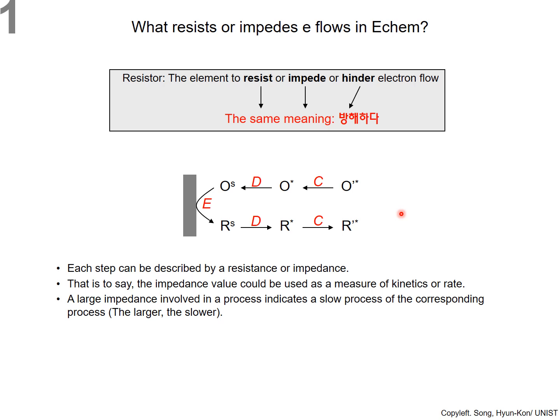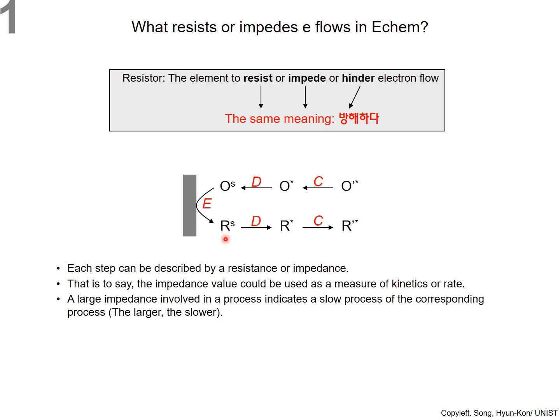Okay, here is the overall electrochemical process. Some oxidized species O prime is in the bulk solution of the electrolyte. Sometimes this O prime is chemically converted to O, in this case the oxidized species. Then it is mass transferred to the surface of the electrode, gets some electrons from the electrode, and is reduced into the reduced species.